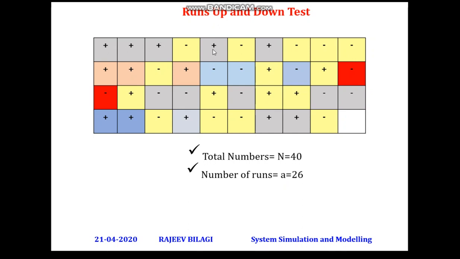This is run 2, this is run 3, 4, 5, these 3, 6, 7, 8, 9, 10, 11, 12, 13, 14, 15, 16, 17, 18, these two, 19, 20, 21, 22, 23, 24, 25, and 26. So the number of runs, that is small a, equals 26, and the total number of random numbers is already given as 40.